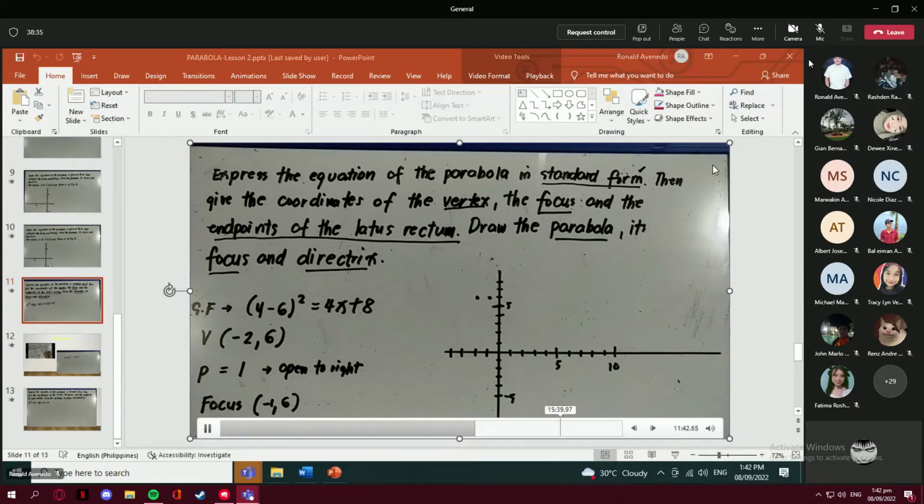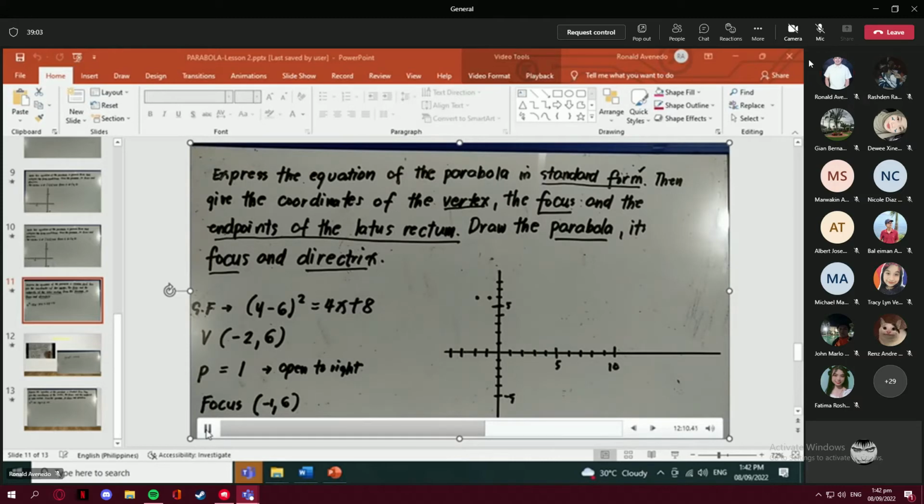Endpoints of latus rectum. So, what are the endpoints?